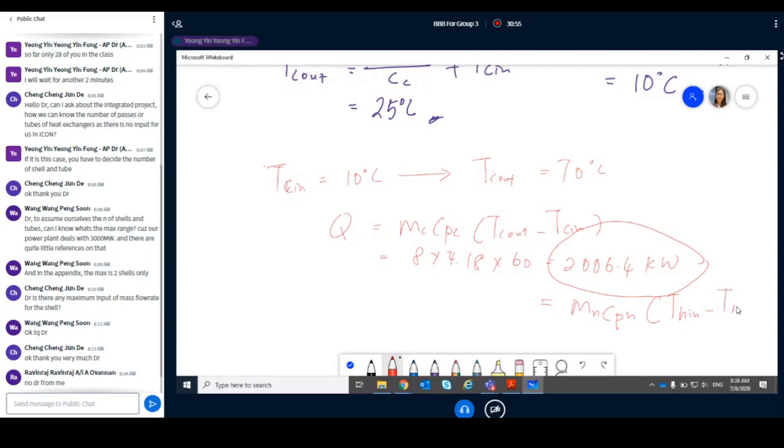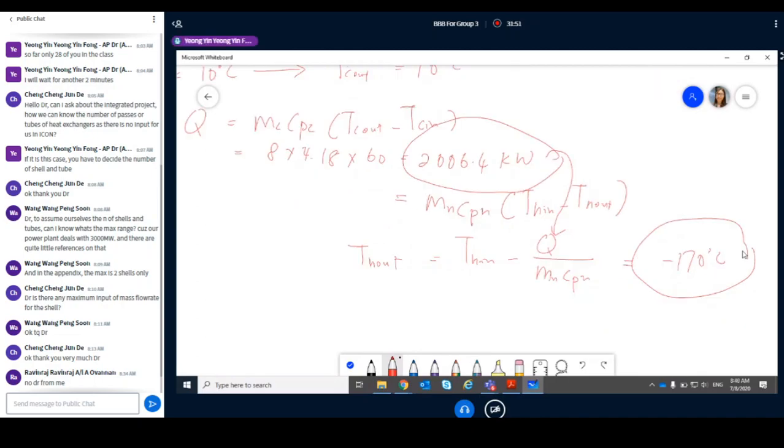Then eventually you can get minus 170 degrees C. You substitute the value and see, students. So this Q is here. It is impossible. That's why the cold stream is only able to heat up to 25 degrees C because of this limiting case.